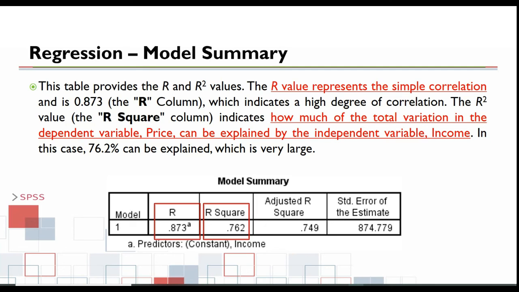R is just Pearson correlation, which here is 0.873, indicating a high degree of correlation. The R square value indicates how much of the total variation in the dependent variable, price, can be explained by the independent variable, income. In this case it is 76.2%, which is very high.